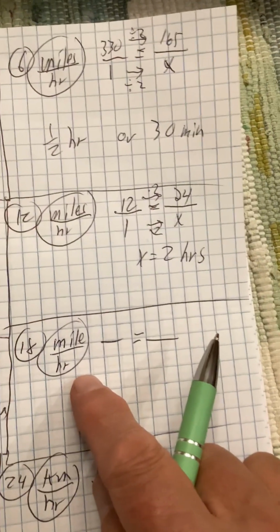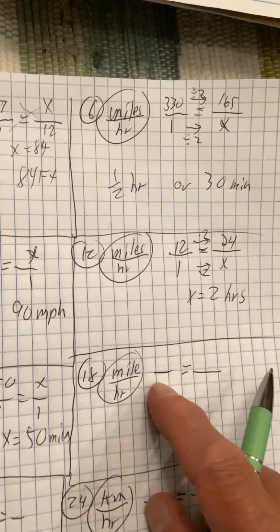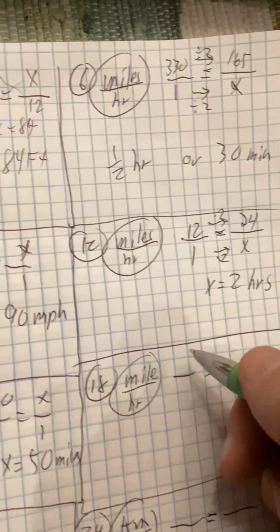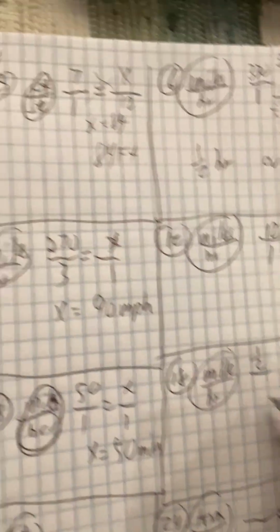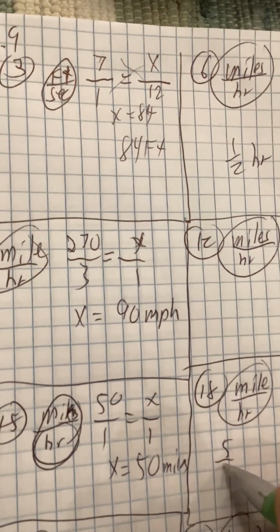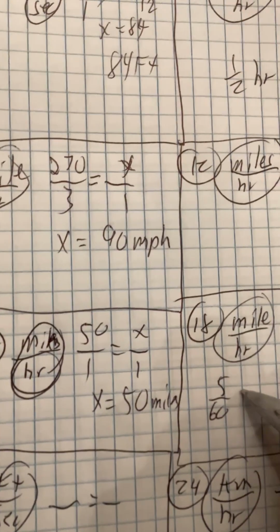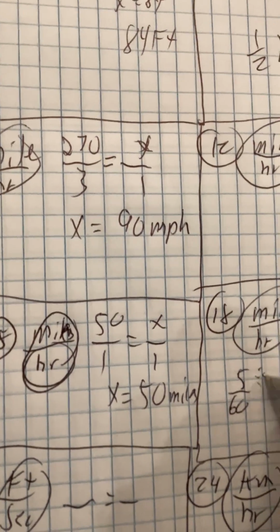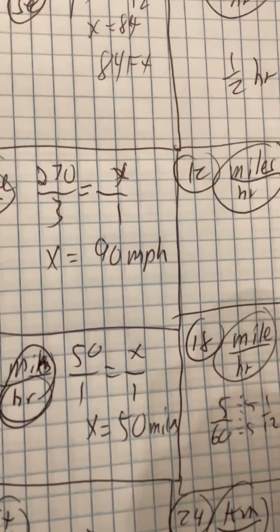Number 18, you have miles per minute. I'm just going to say miles per hour. You're going a half a mile in 5 minutes. Well, 5 minutes out of 60 minutes, what fraction is it? Because there's 60 minutes in an hour. Divide by 5, that's 1/12. So that's 1/12 of an hour.